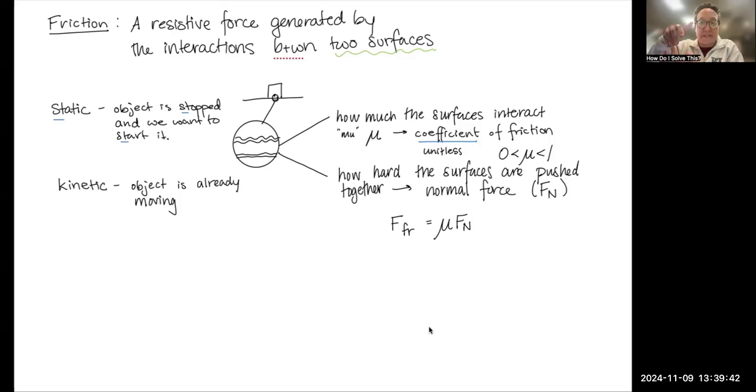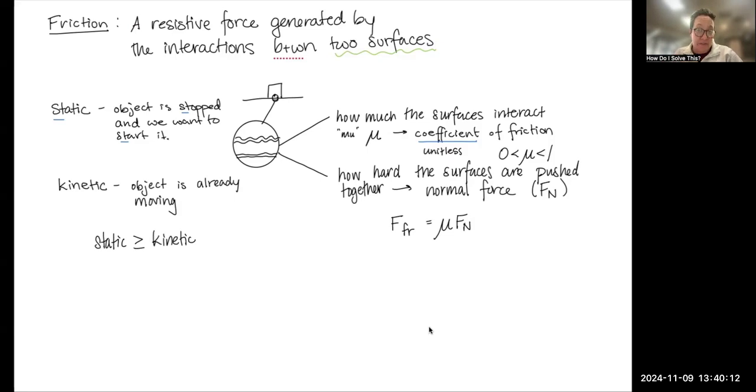But once we get them separated, as long as we can keep them moving relative to each other, they don't have the time to form that tight interaction again. And so that is why, when we're looking at friction, the force of static friction is always greater than or equal to the force of kinetic friction. It's harder to start things moving than it is to keep them moving.